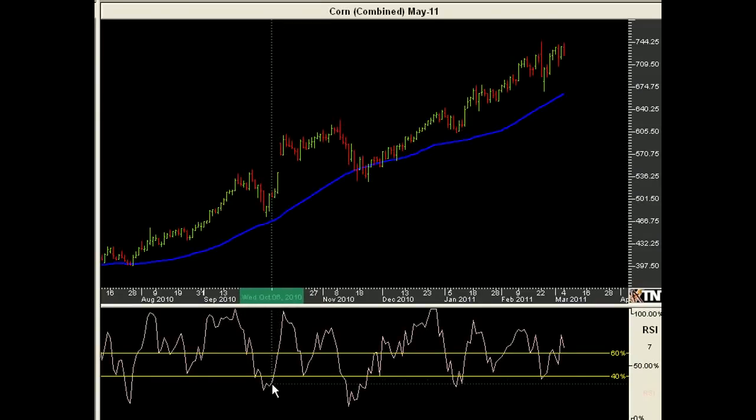There's our next buy signal right here, and you can see that we had some pretty nice gains off of that. The market flattened out a little bit, came back down. Our next buy signal came in right about here. And even though the market stalemated for a few days, we got still another nice rally.